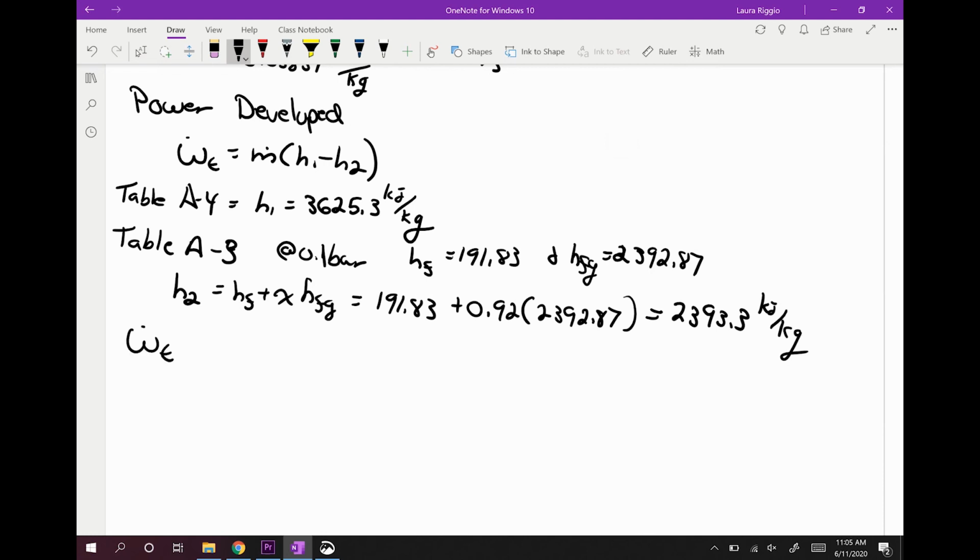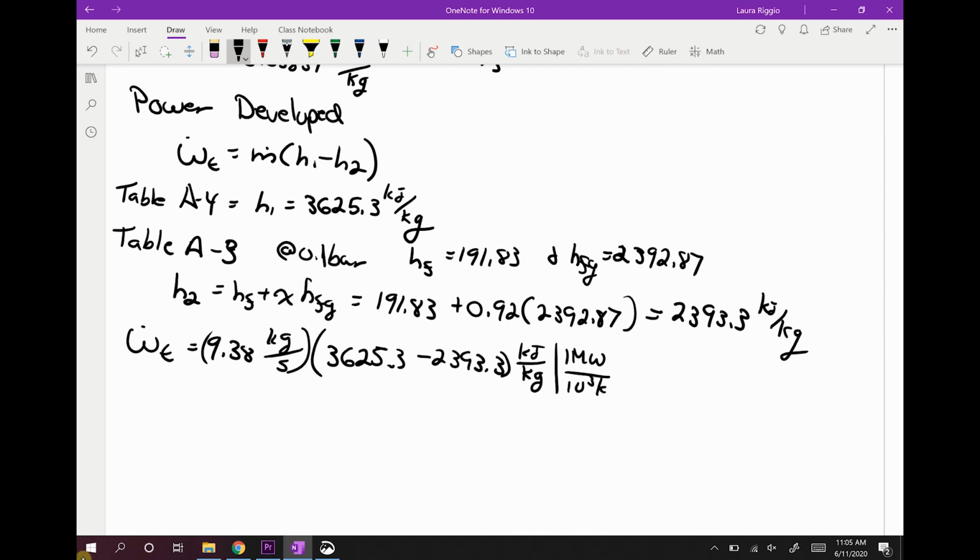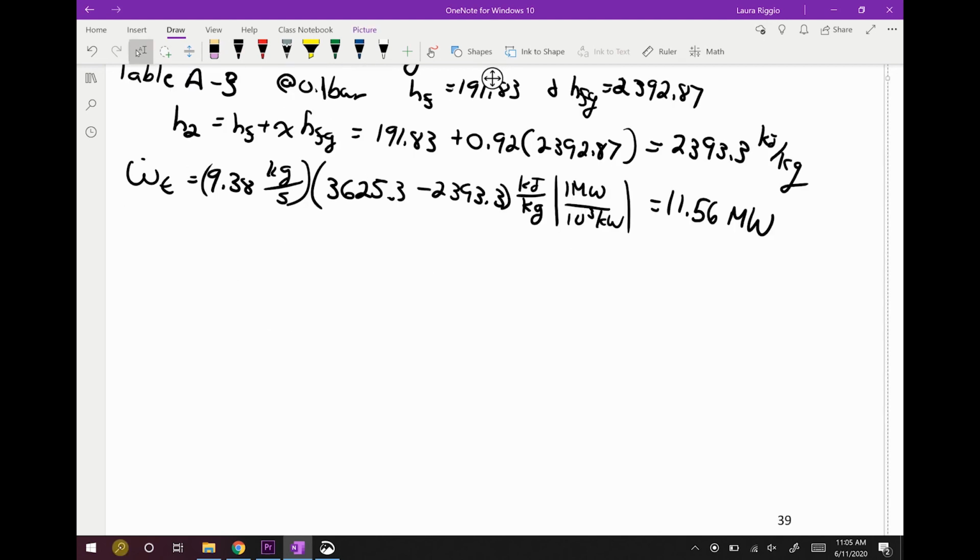So my work is equal to 9.38 kilograms per second times my change in enthalpy, which is 11.56 megawatts.